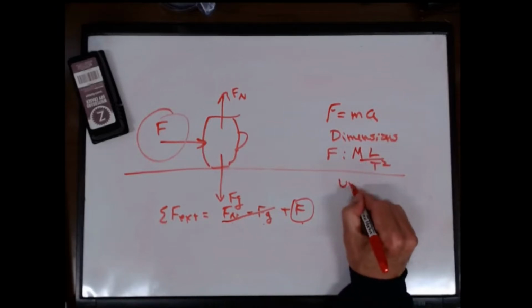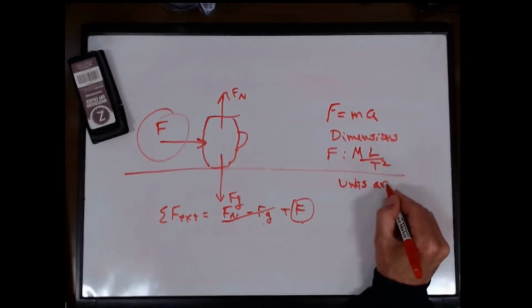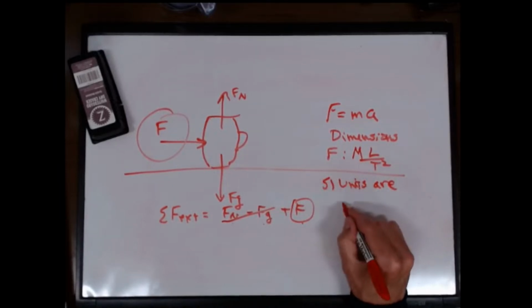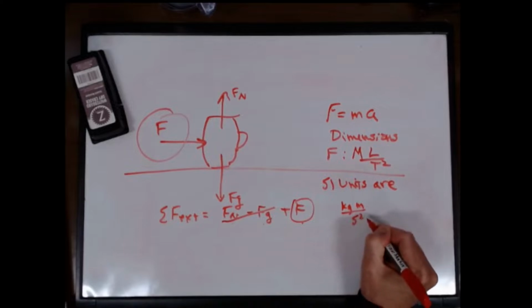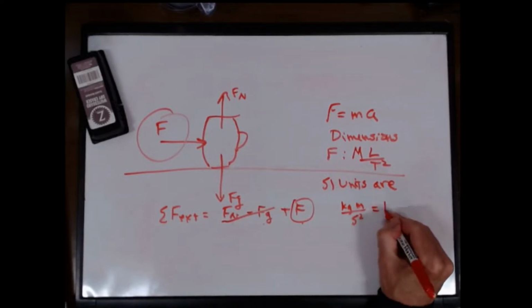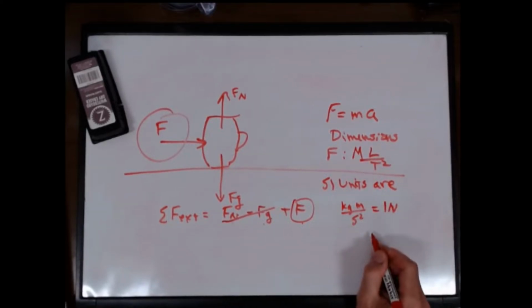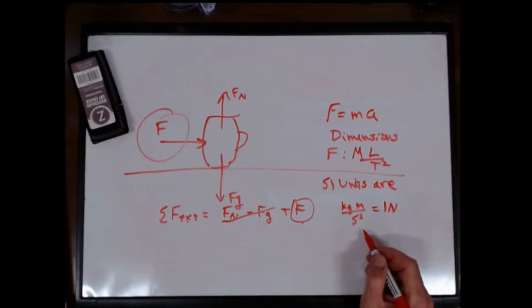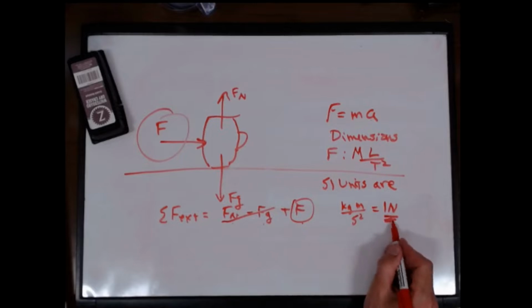The units for force, I should say SI units, are kilogram meters over second squared. So those are the units. And we call that a Newton. So a Newton is a kilogram times a meter divided by second squared. That's what a Newton is. And if you come up with your own set of laws about forces, they'll probably name a unit after you as well.